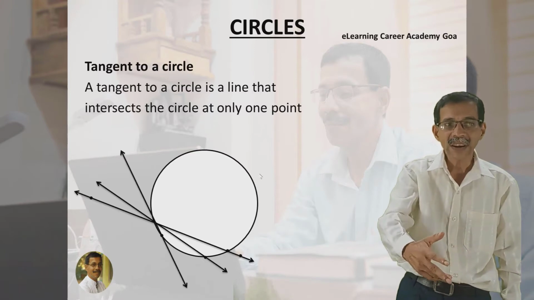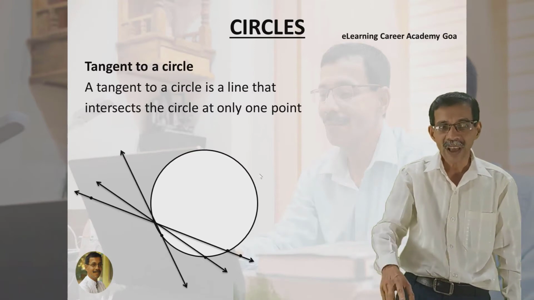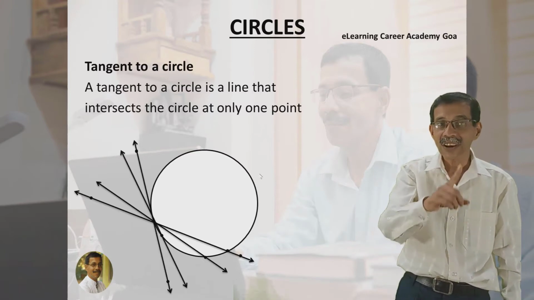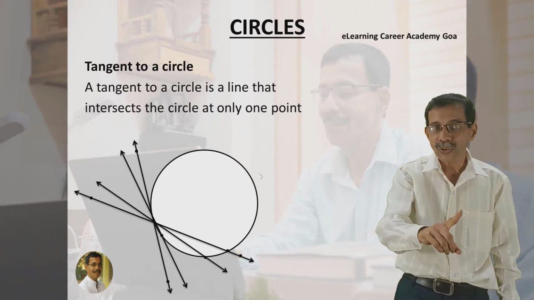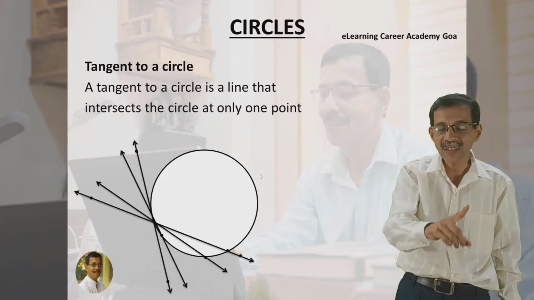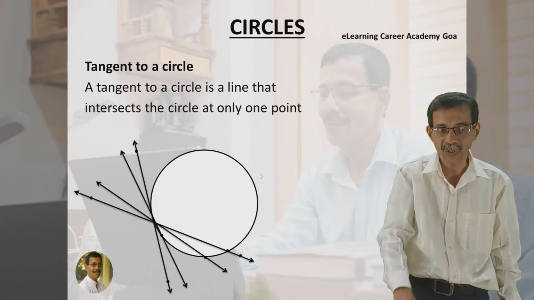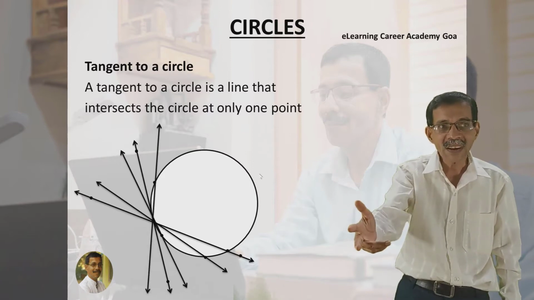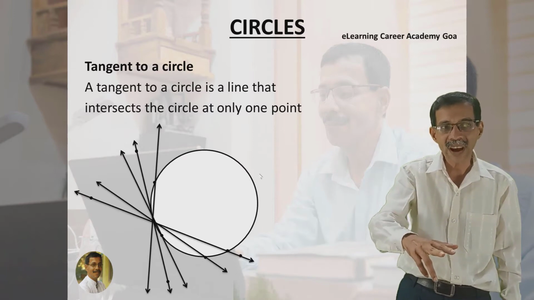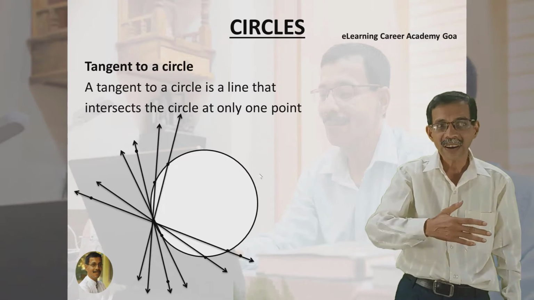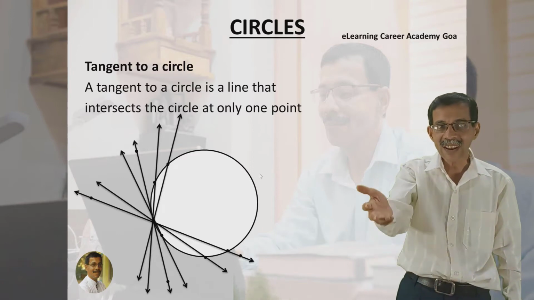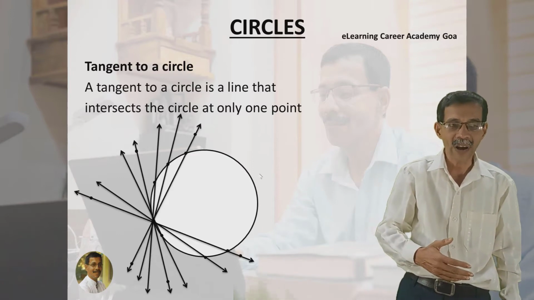The next line again intersects at 2 points, and the next line touches the circle at only 1 point. So this is a tangent, which touches the circle at only 1 point. The next line is not a tangent, it is a secant because it intersects at 2 points. The next line intersects at 2 points, and the next line again intersects at 2 points.